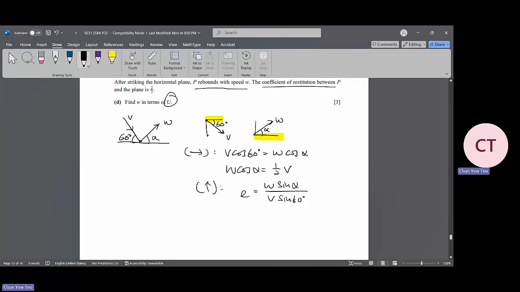So W sin alpha is equal to 2/3 V sin 60.